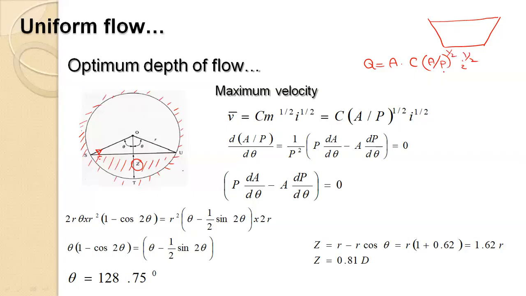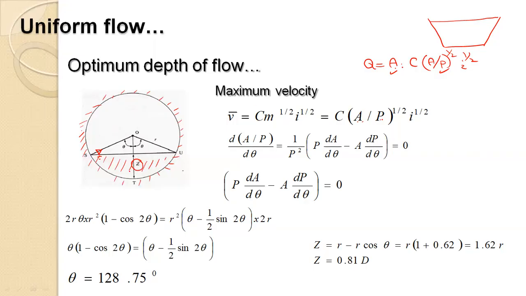Now, when I change the water depth Z, both A and P will change. So if I only consider the velocity, I only get A divided by P to the power of half. But when I get the discharge, I get A into A divided by P to the power of half. So I get another A which is dependent on the water depth.